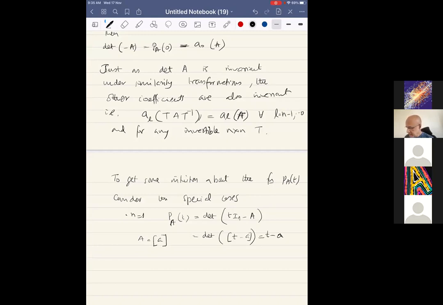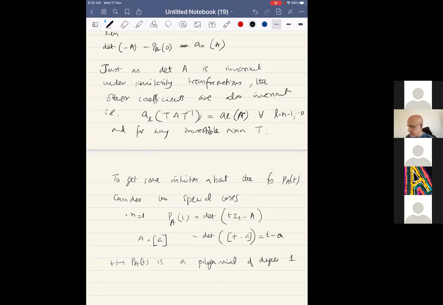So here, for n equal to 1, p_A(t) is a polynomial of degree what? What is the degree of this polynomial? Degree 1, because the top degree term in t is t to the 1.